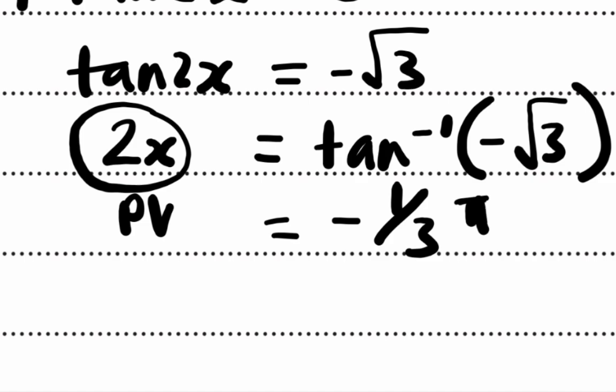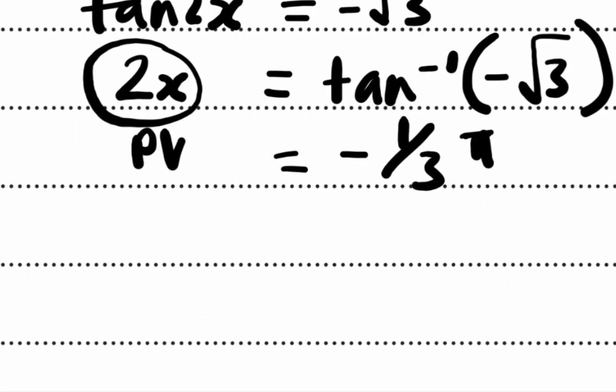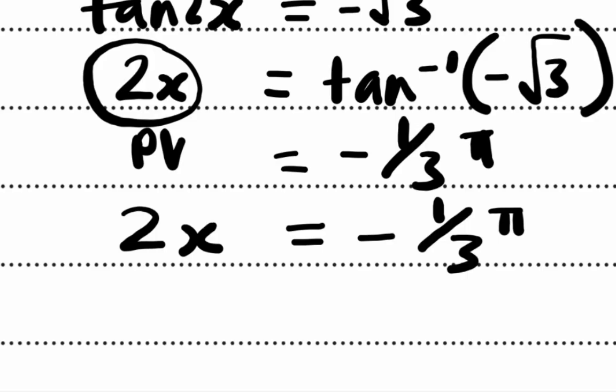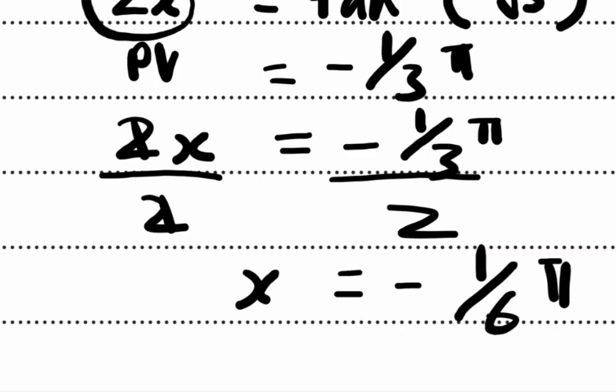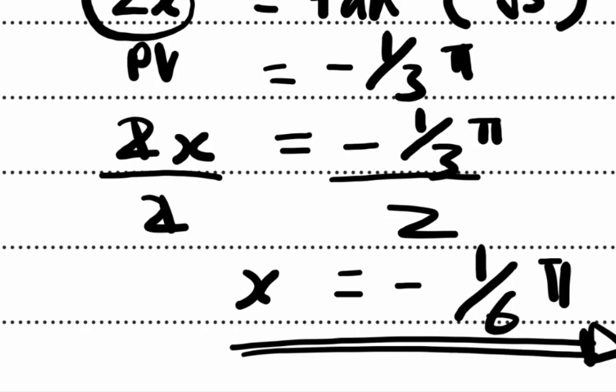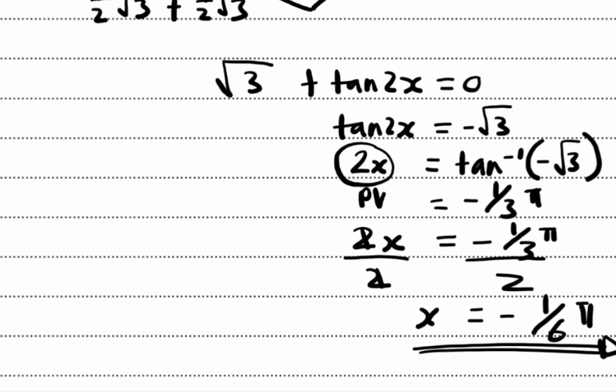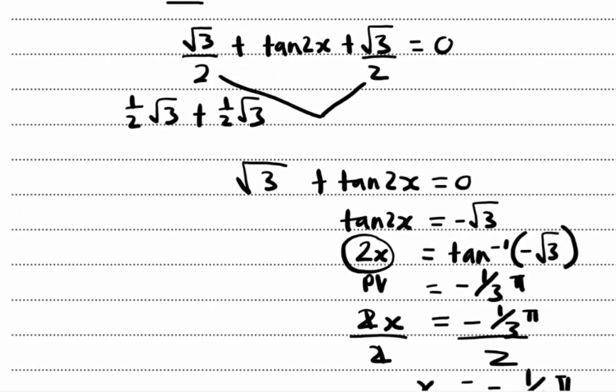So our 2x is equal to minus a third pi, and so our x will just be minus 1 over 6 pi, and that will be our answer for the second question.